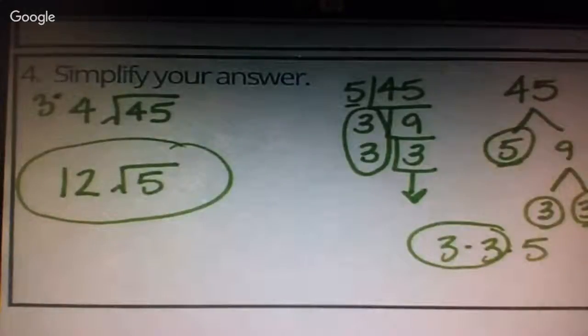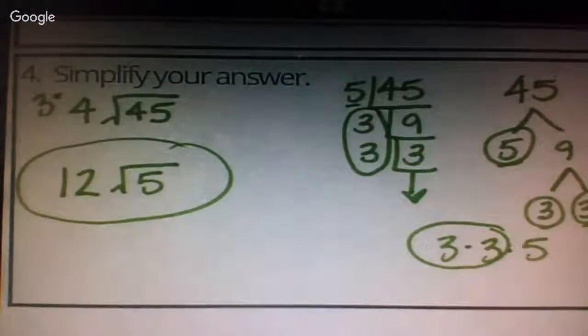So this groups, this groups, this groups. This brings a 2 out front. This brings a 3 out front. This brings a 5 out front. So out front, you've got 2 times 3, which is 6, times 5, which is 30. And then back underneath the cubed root is 3 times 5, which is 15. And that's where you would finish.